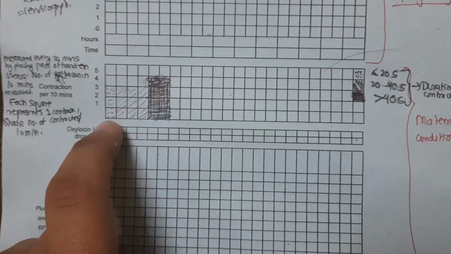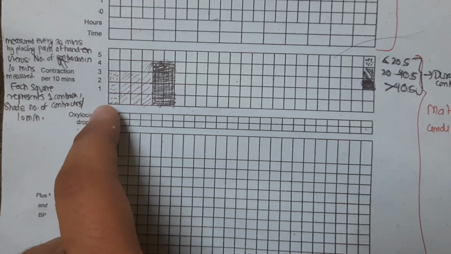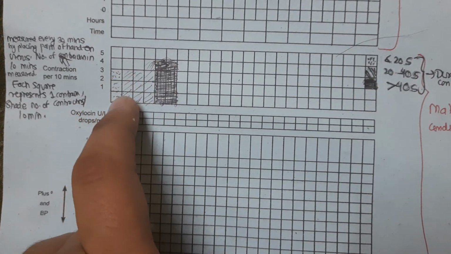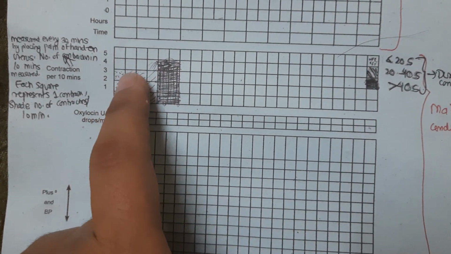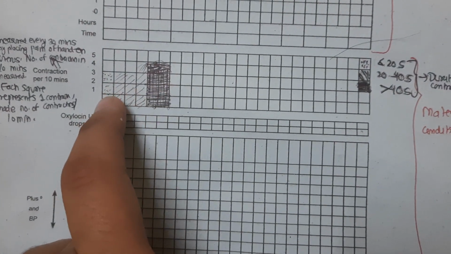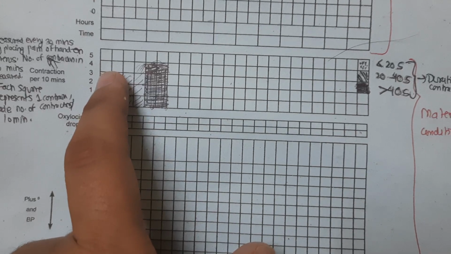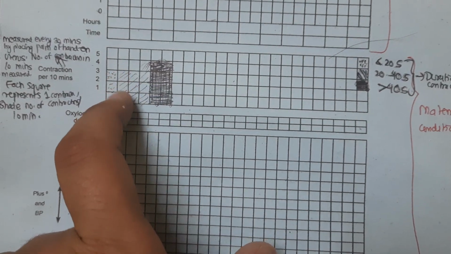So you can see here, this is plotted with time. We have to note how many contractions. Suppose in the initial half hour there are 3 contractions of less than 20 seconds. This signifies that in the initial 30 minutes there were 3 contractions of less than 20 seconds duration.